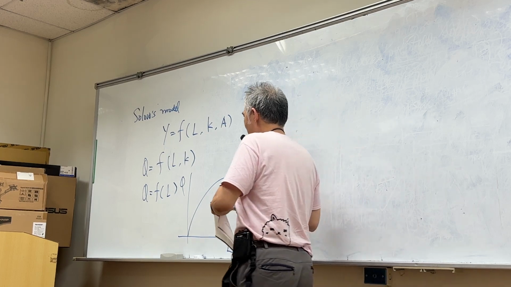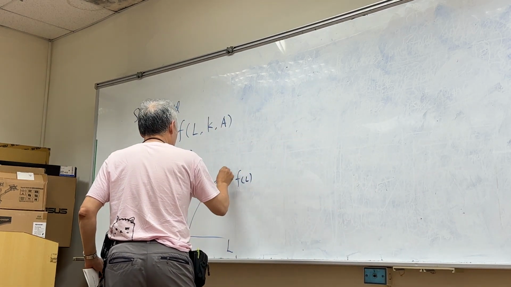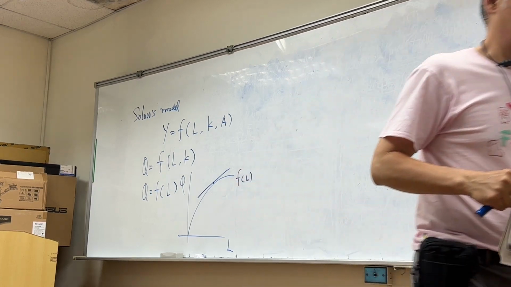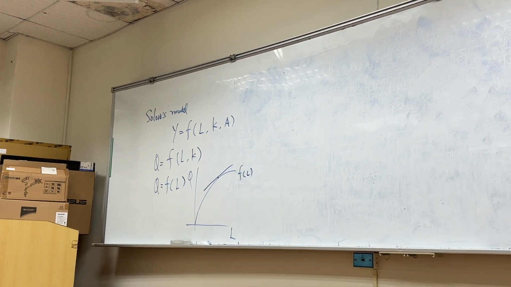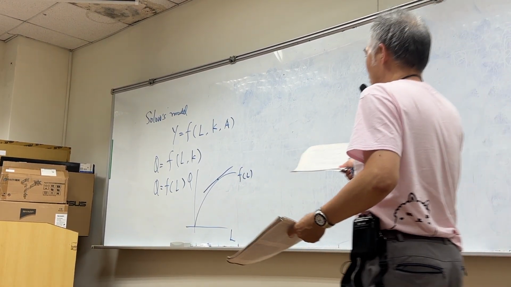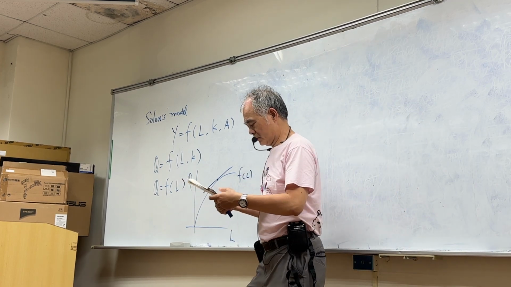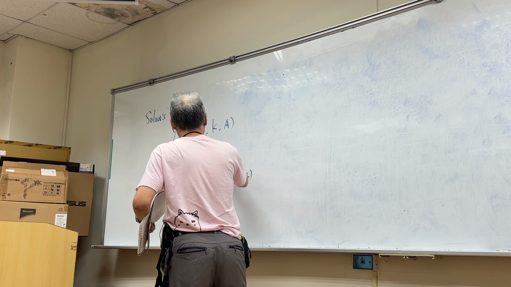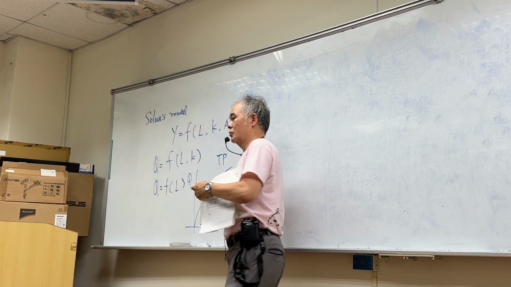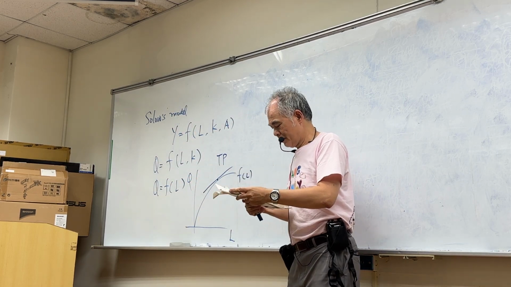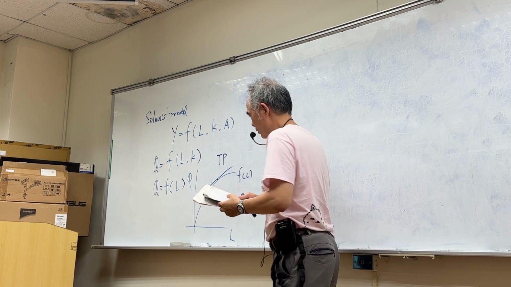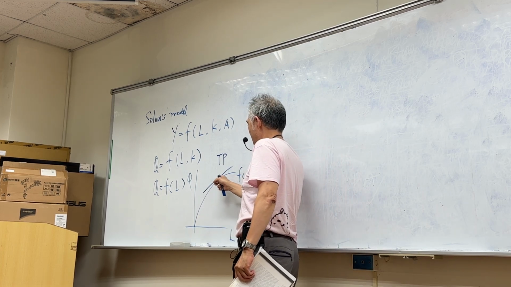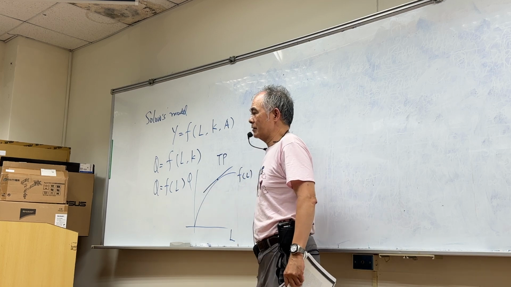So what is the slope of the production function, or this total product curve? We generally call it TP, total product. So, what is the slope of this production function?